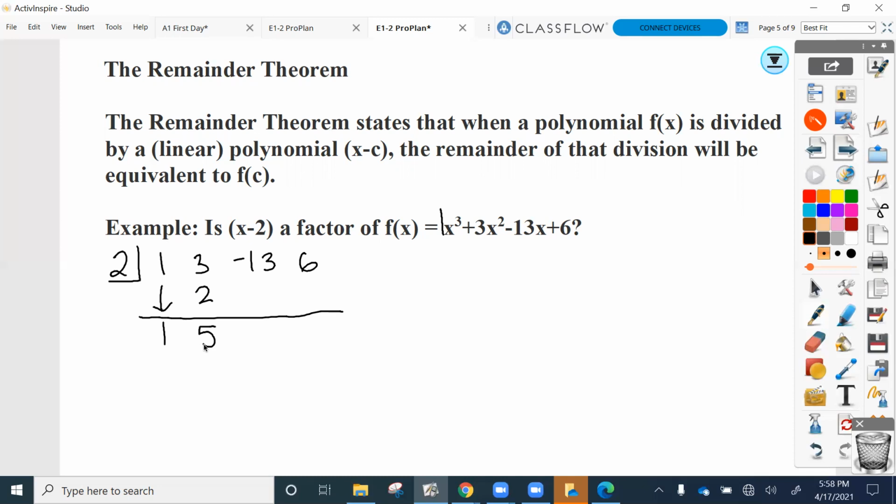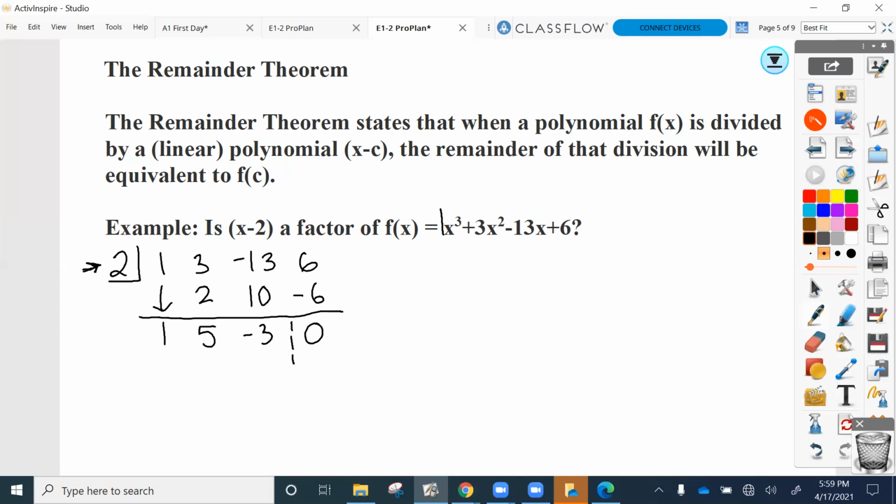And you're going to multiply the 5 by this 2 and put the result here. So 5 times 2 is 10. Then we're going to add these 2, so we'll get negative 3. And now again, we're going to multiply it by this 2. So negative 3 times positive 2 is negative 6. And negative 6 plus 6 is just 0. So we do get a 0 remainder.